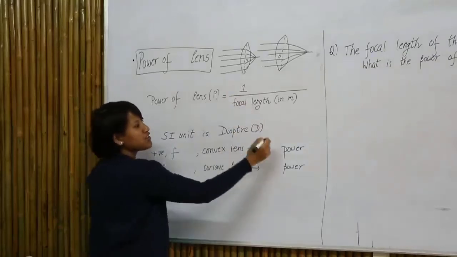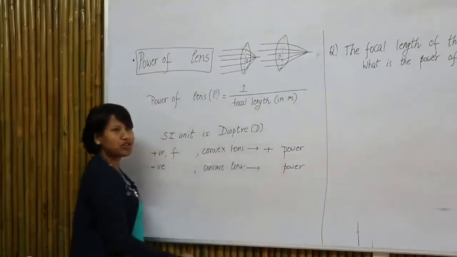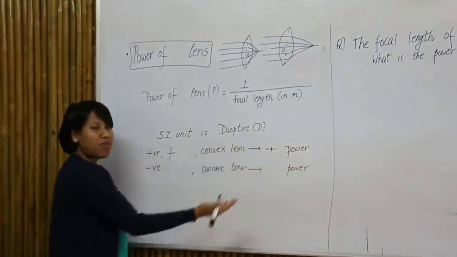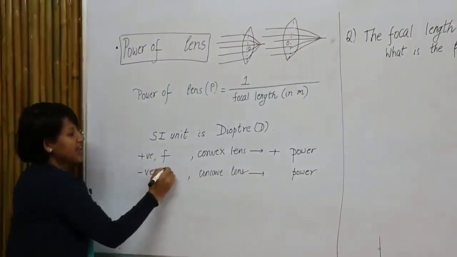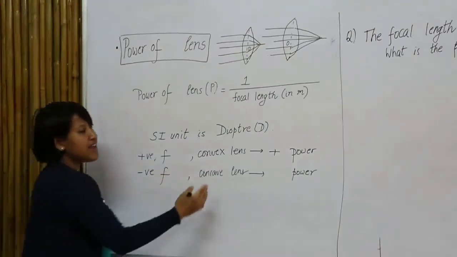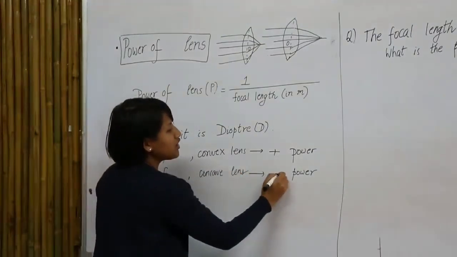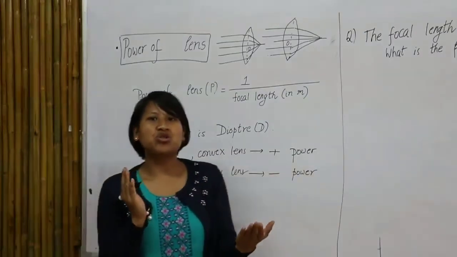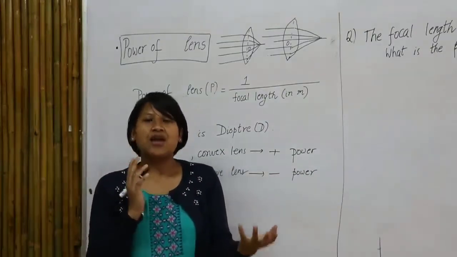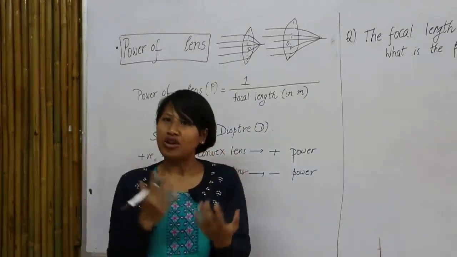So a convex lens has positive power. But a concave lens has negative focal length, and hence the power of a concave lens is negative. So when they say plus, you should know that it is a convex lens, and when they say minus, it is a concave lens.